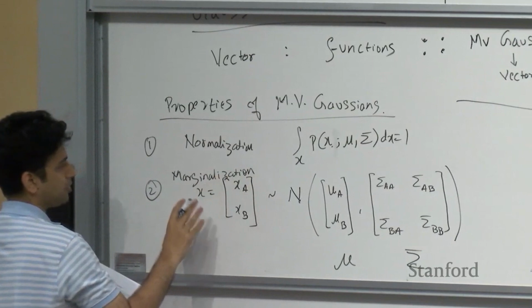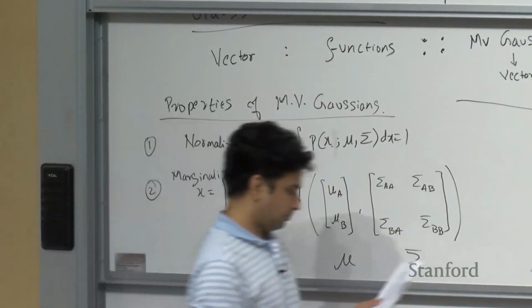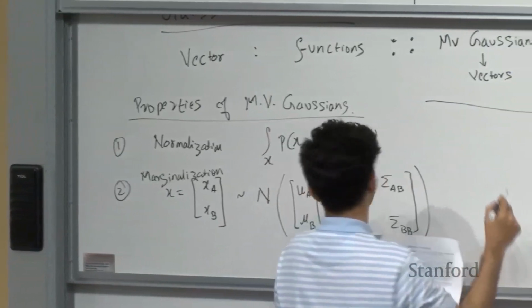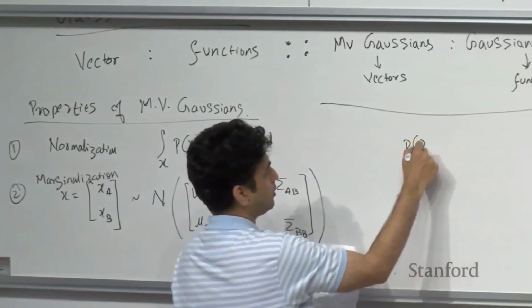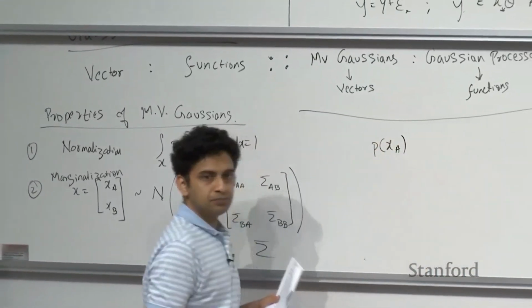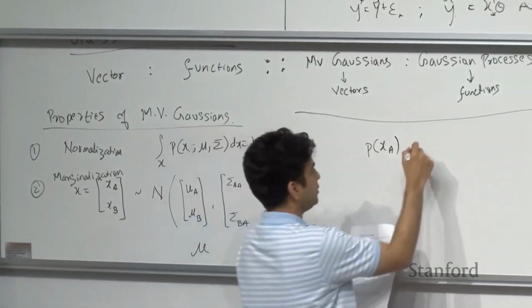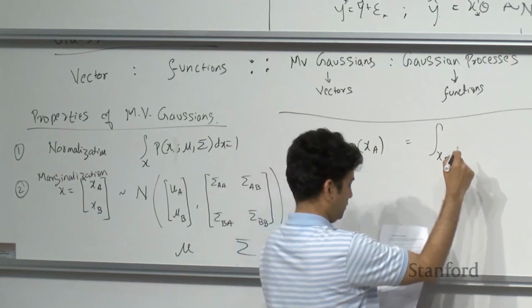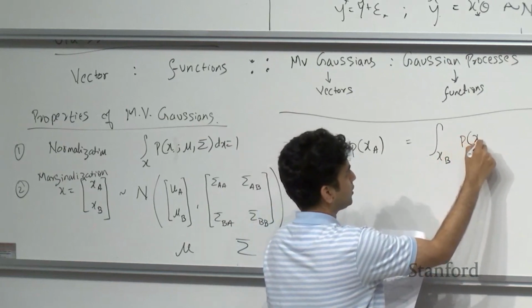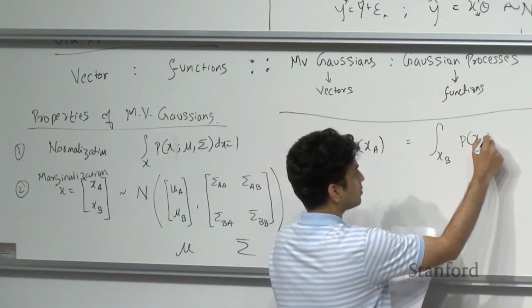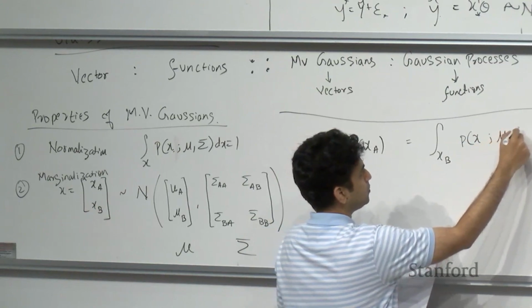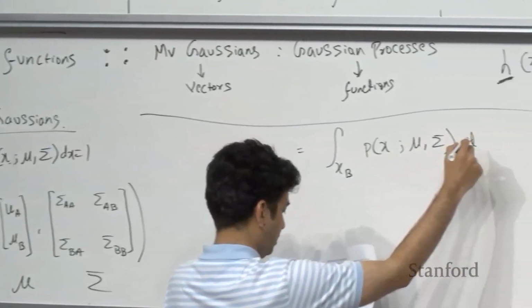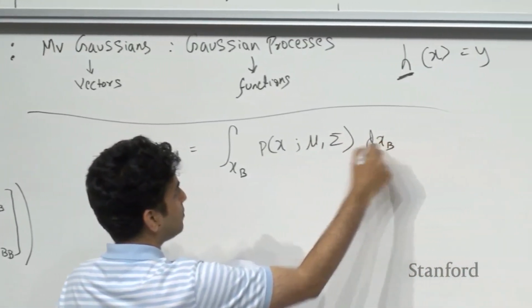So for marginalization, given a probability distribution that way, P of x_a is equal to integrating out x_b from P of x given mu, sigma, d x_b.